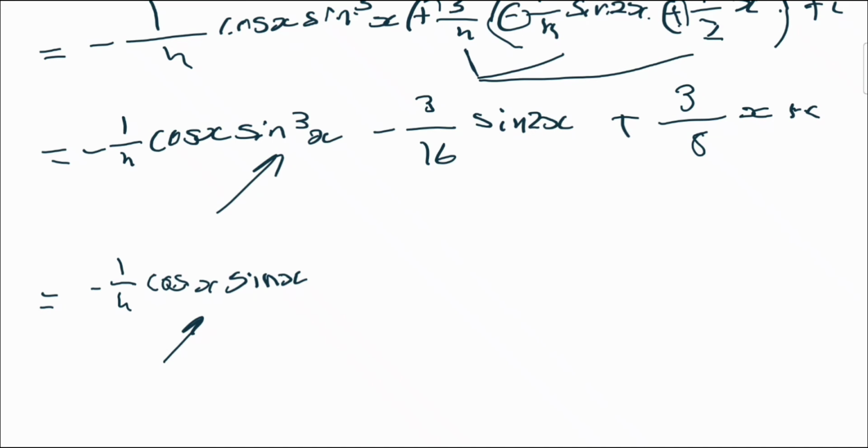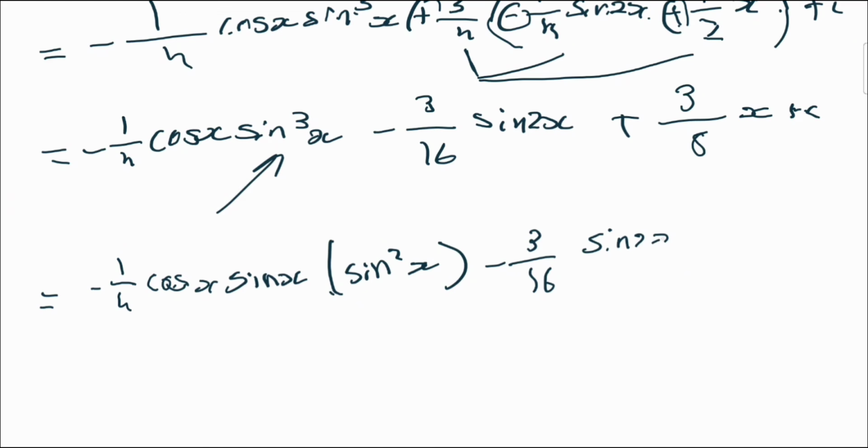It will make the multiplying a lot easier. Okay, so now we have to do multiplied by sine squared of x, because remember that sine of x multiplied by sine squared of x is sine cubed of x. And then we just add the rest. 3 over 16 sine of 2x plus 3 over 8x plus c.